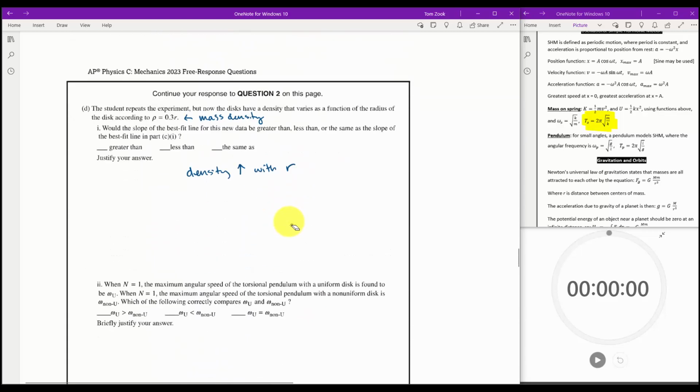So at this point, you can just make a best guess and say that because it's more dense farther out, it's going to have a higher I value. So greater I, and rotational inertia, so slope bigger. This is not a high completion problem area, I don't think.